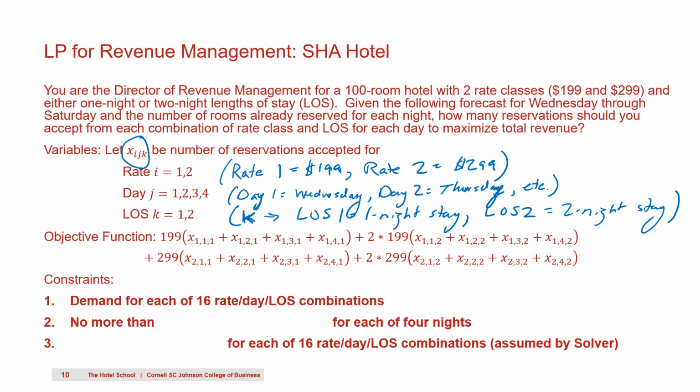We have our objective function. We're going to have 2 rates, 4 days, 2 length of stays. So 2 times 4 times 2 is 16. So we have 16 variables.